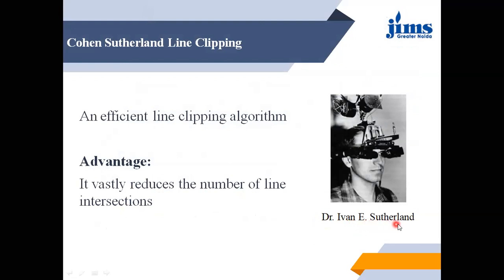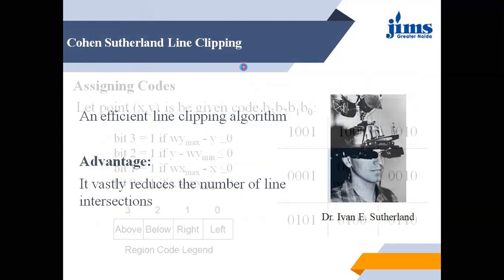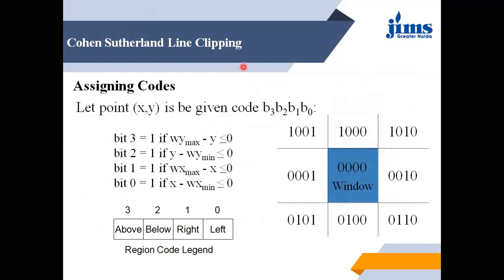Ivan Sutherland is the one. It is called the Cohen-Sutherland line clipping algorithm. In this, the first and most important part is to assign the code. There is a standard procedure to assign the code of different parts of the window.